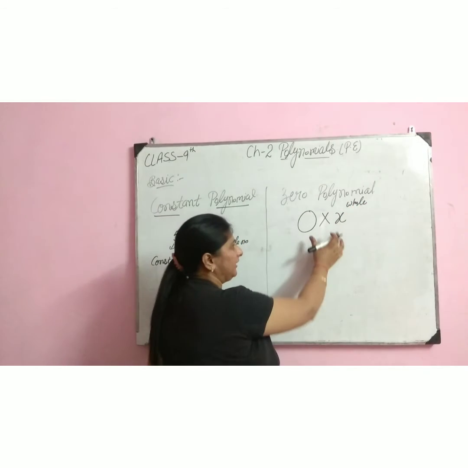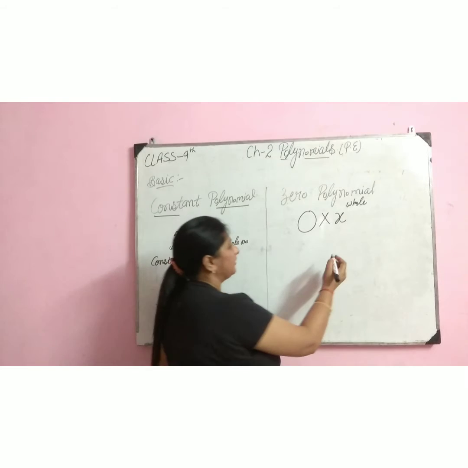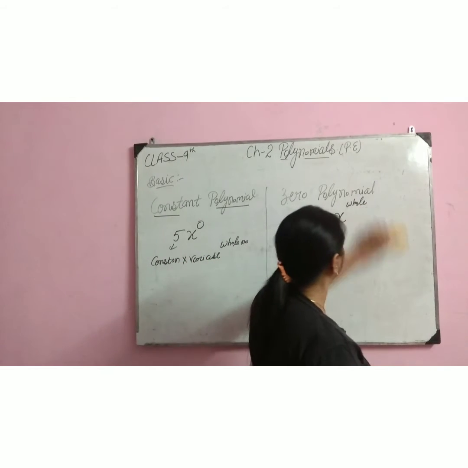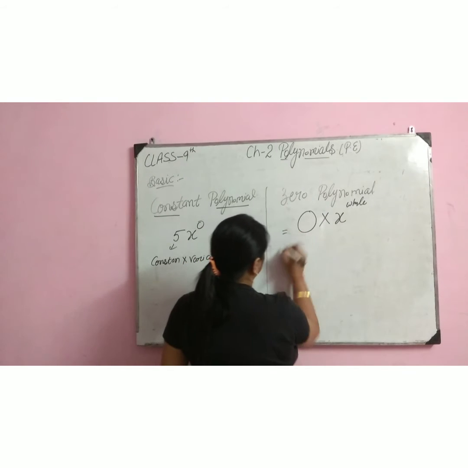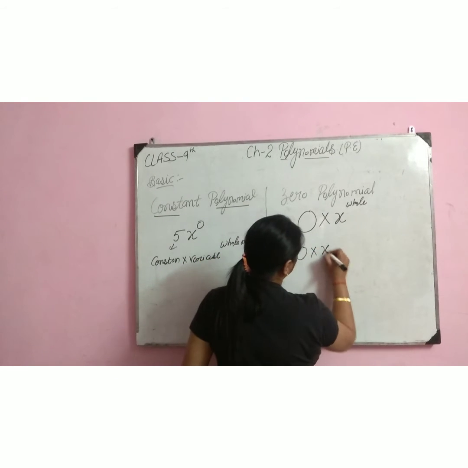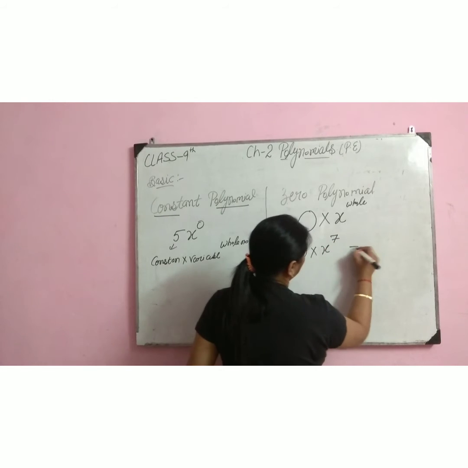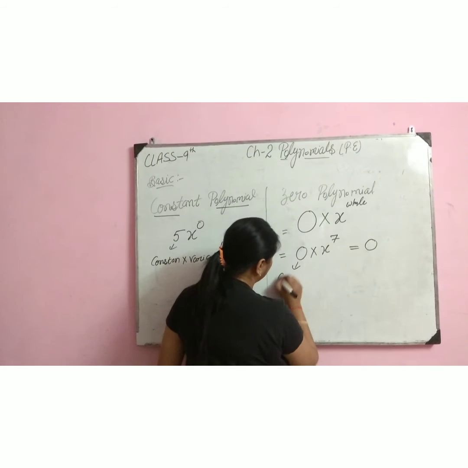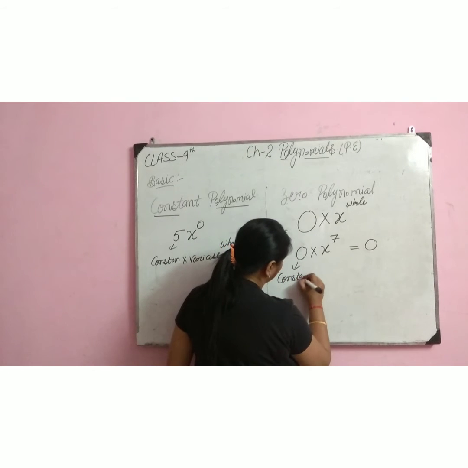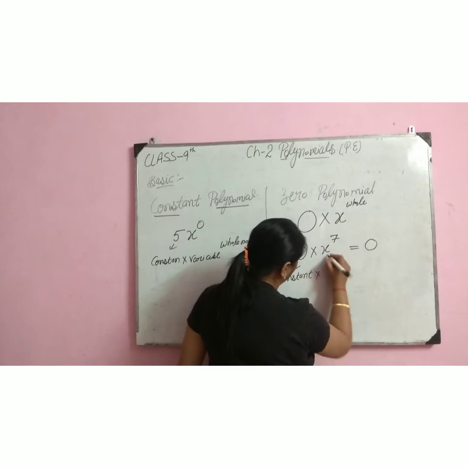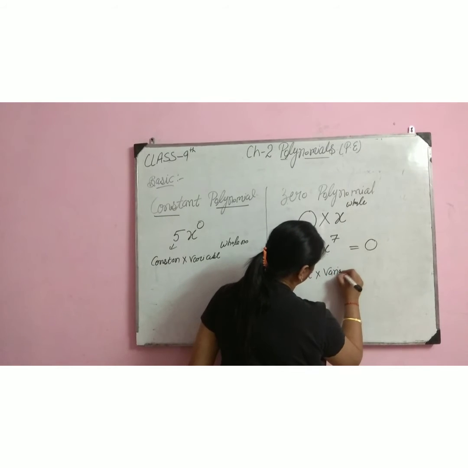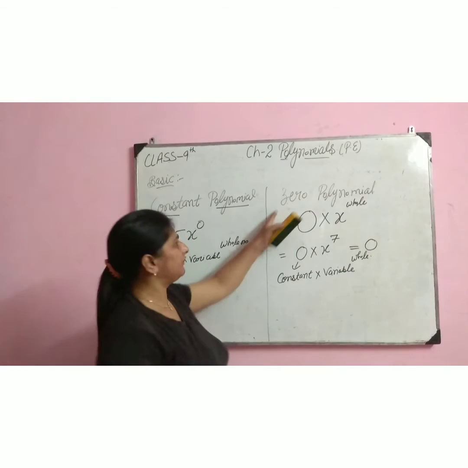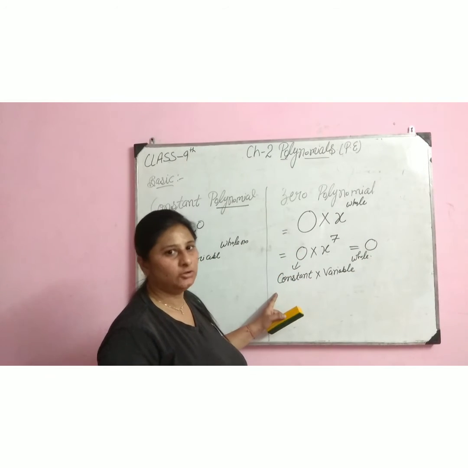We know that any number multiplied by 0 is 0, so we can take any variable. Suppose 0 into x raised to power 7. This is also 0. Again I check my definition: constant into variable raised to a whole number power. It means this is also a polynomial.